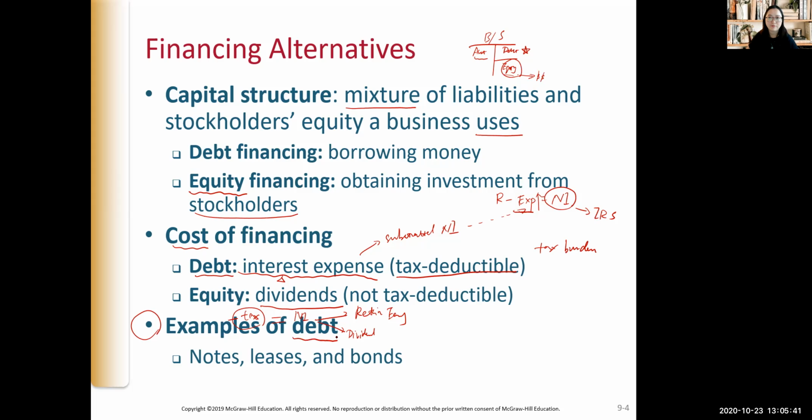Then why not everybody do borrowing instead of issuing stocks? Okay, that's what we're gonna talk about in the end, part C. One reason is the risk. The more money you borrow, the more likely you have a bankruptcy risk, right?